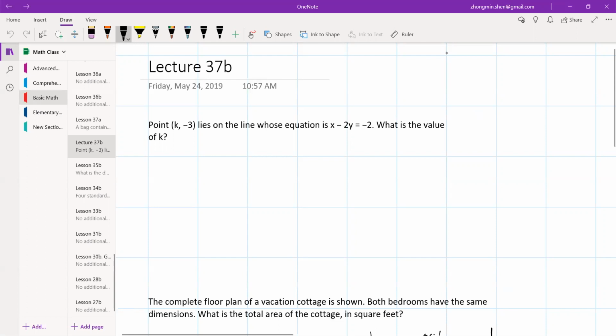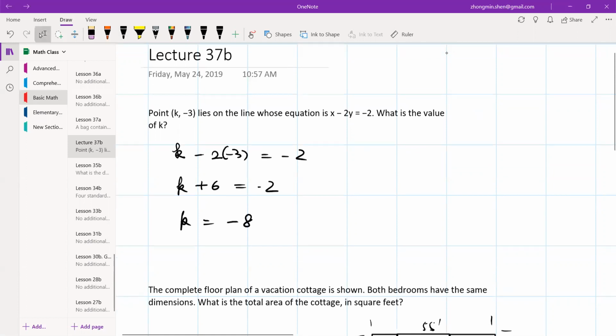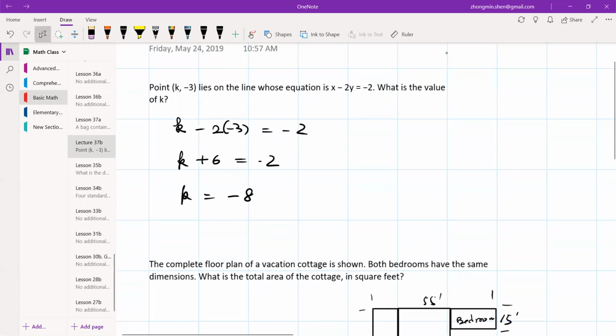Now (k, -3) is the coordinates of the point on the line. That means when x is k, y is -3, you should have this. Now k plus 6 equals -2, k equals -8. Then simple, right? If you understand the problem.